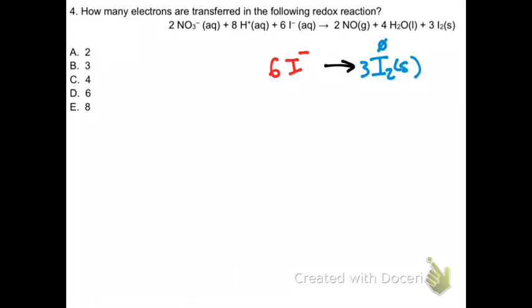So that means that each iodine went from -1 to 0. So each iodine must have given up 1 electron. However, there are 6 of them. So that means that the iodine total, the iodides, gave up 6 electrons.